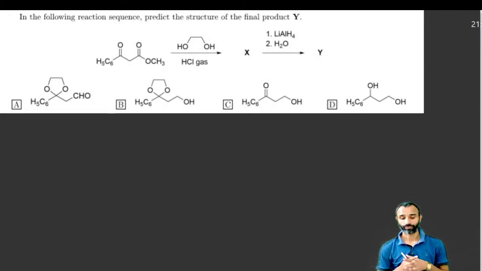Okay. In the following reaction sequence, predict the structure of the final product Y. So first we have ethylene glycol in HCl gas.